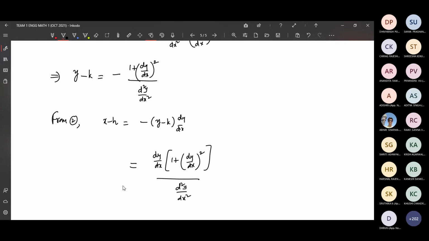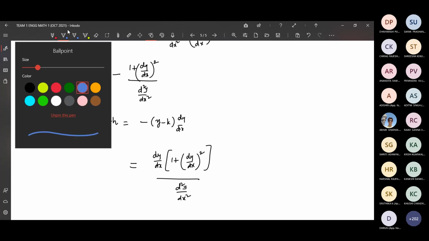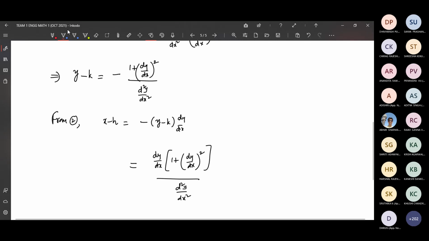The reason is I have substituted the value of y minus k here and this value here. And minus here and minus here become plus. Therefore dy by dx is the factor of that, into 1 plus dy by dx whole square, and the denominator is the same.